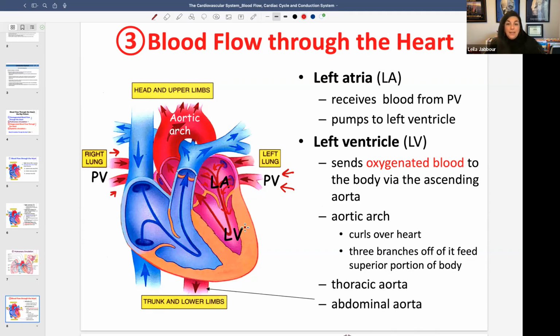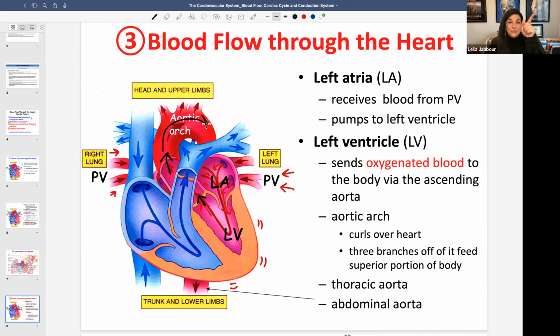Okay, then the left ventricle, at some point, will get the signal that it's time to contract, and the left ventricle will pump this blood up through the aortic semilunar valve up into the aorta. This is the aorta. This is the beginning of the aorta here.